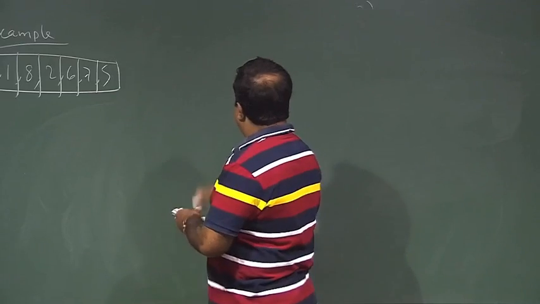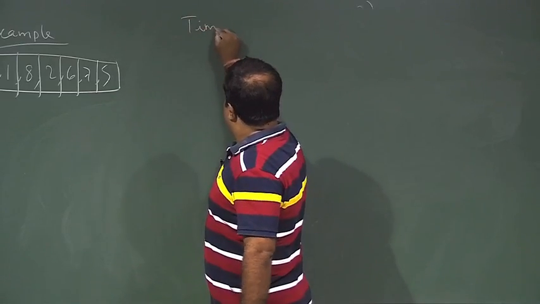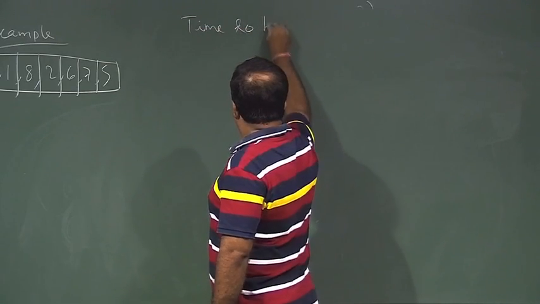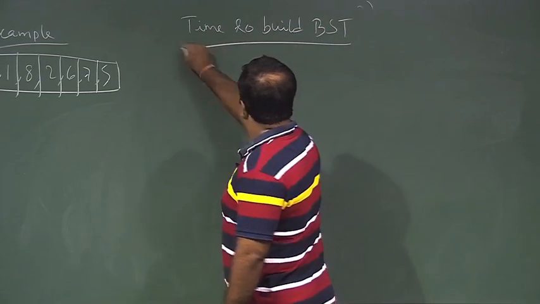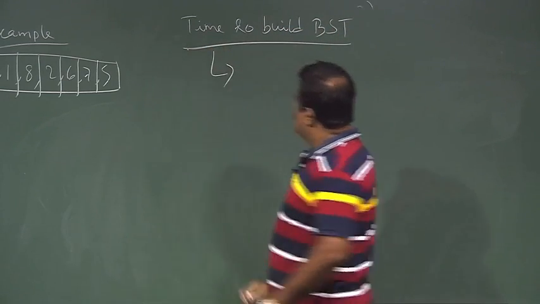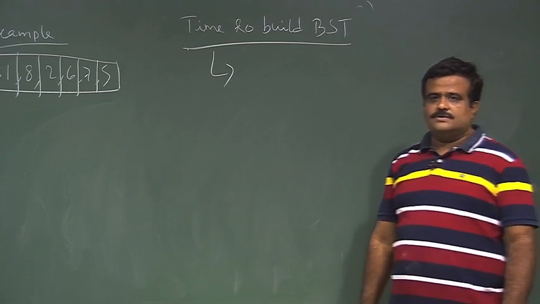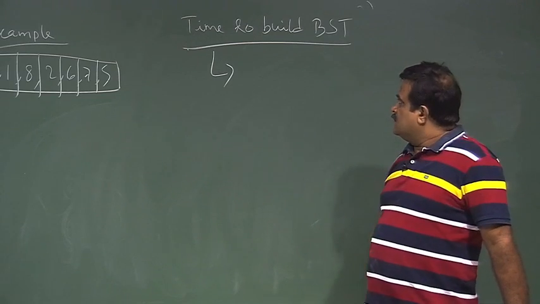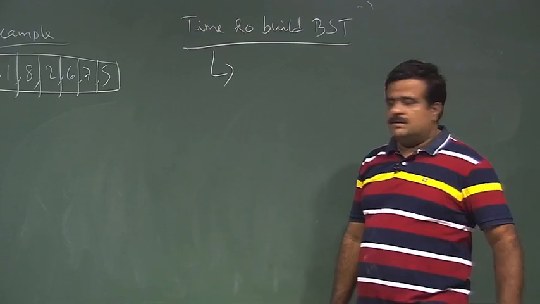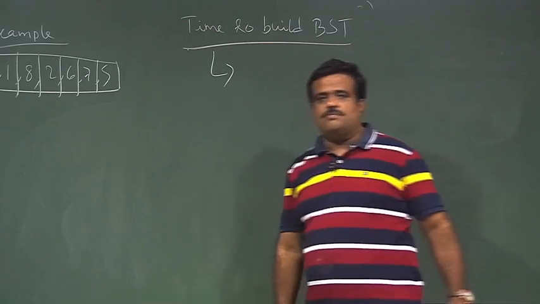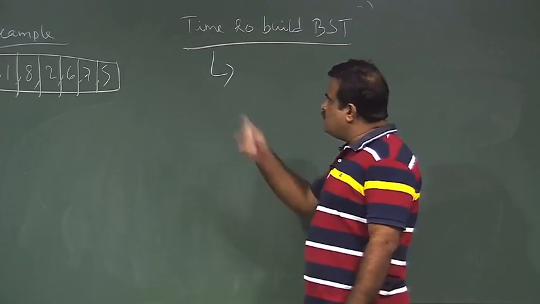Okay, so time to build BST, binary search tree. So, any answer? I mean, any lower bound or upper bound? So, how to build a BST?